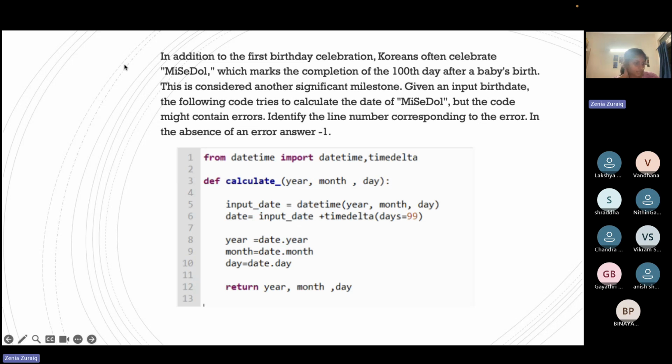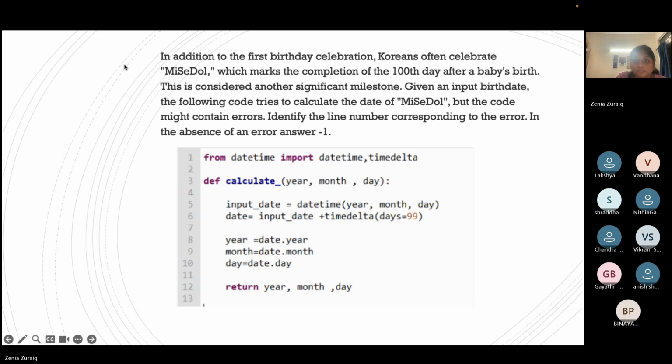Any answers? Anyone in the chat? Someone says that there's no error in the code.